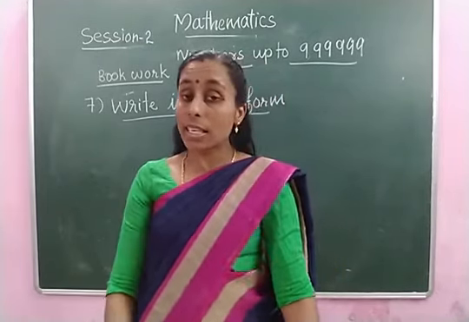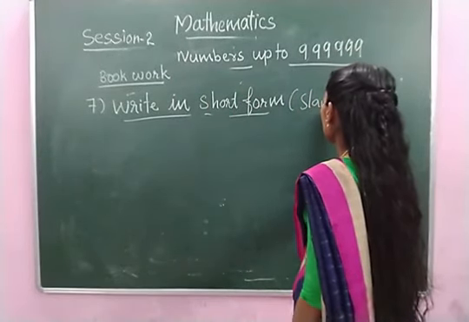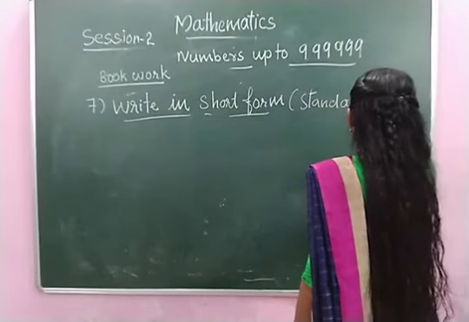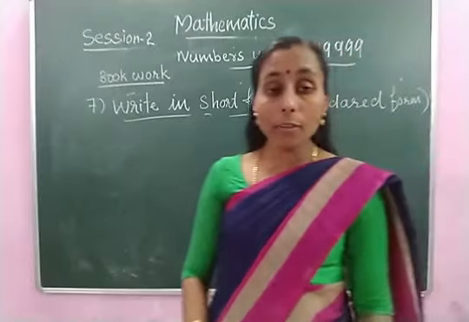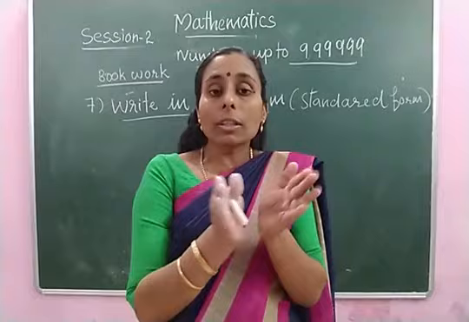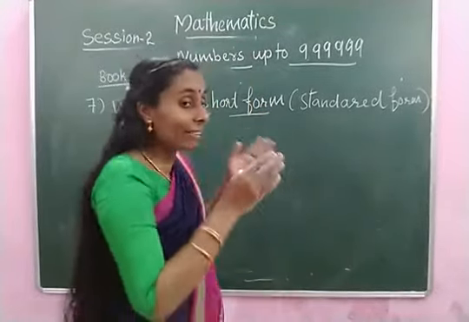Another way we can say that is standard form. Short form or standard form. Standard form means we write the total after the expanded form, which we have written with the plus symbols in between.